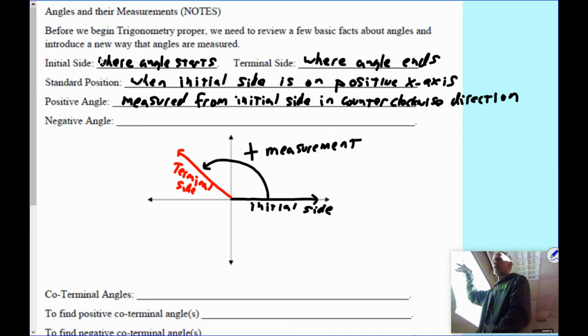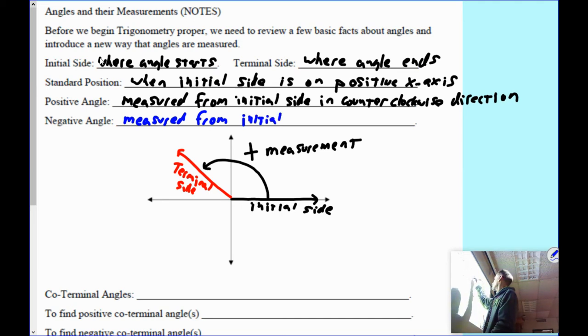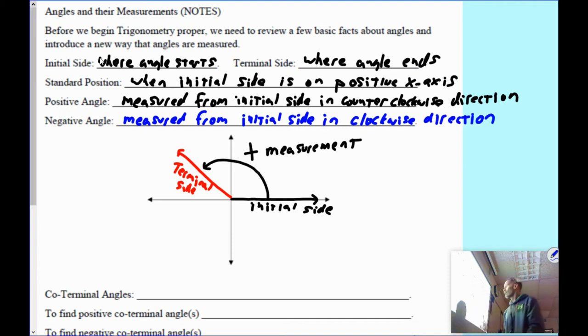Okay. Now, for a negative angle, we're still going to start at the initial side, but now we're going to be measuring it going in a clockwise direction. So most of this is the same. Okay, so again, the exact same angle, visually, it doesn't look any different.